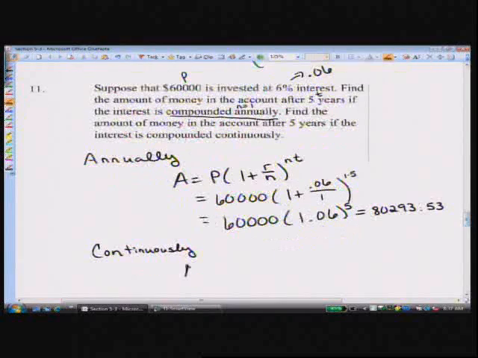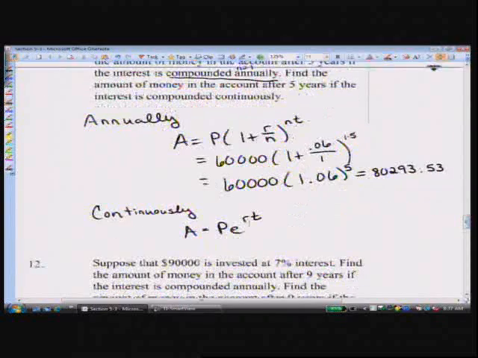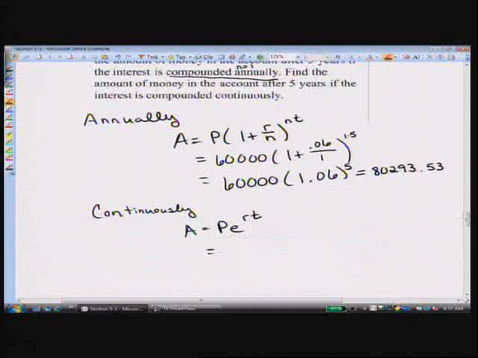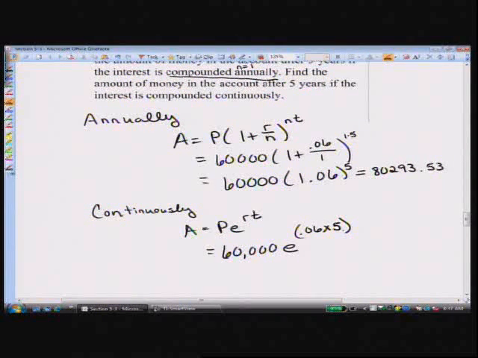All right, the formula is A equals P e to the rt. Your P is 60,000, e to the rate, which is 0.06, to the time, which is 5. Let me show you on your calculator, you have to make sure your exponent is in parentheses.